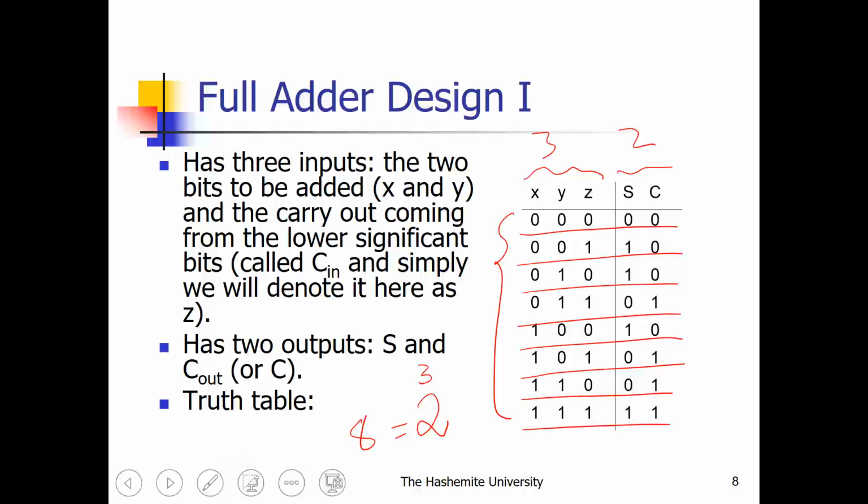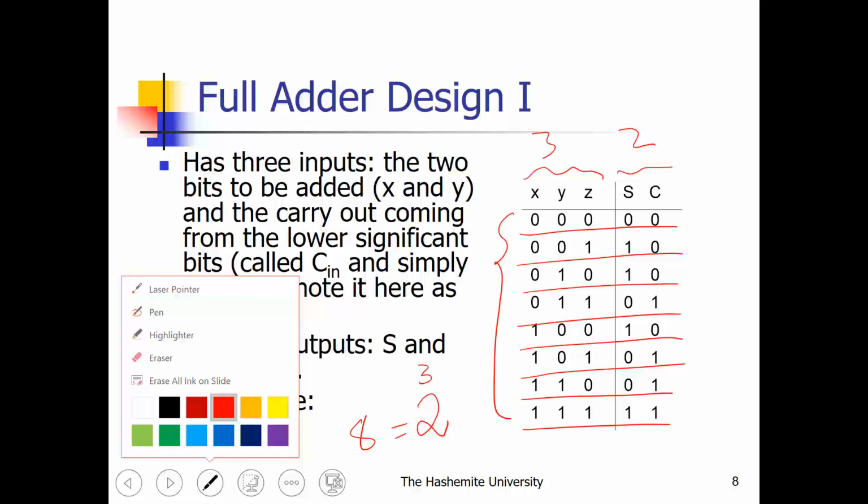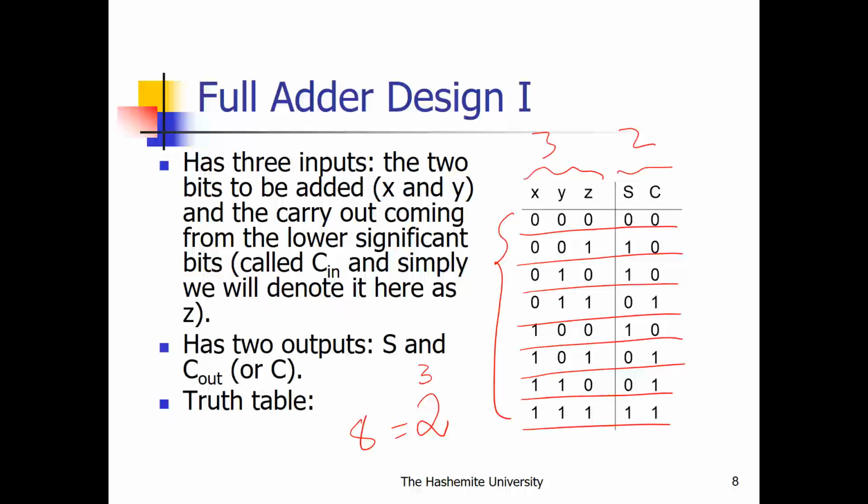Now, we can see that for the sum, the output equals 1 whenever I have an odd number of ones, very clearly. Whereas for the carry, it is equal to 1 wherever I have 2 or more ones in the inputs.